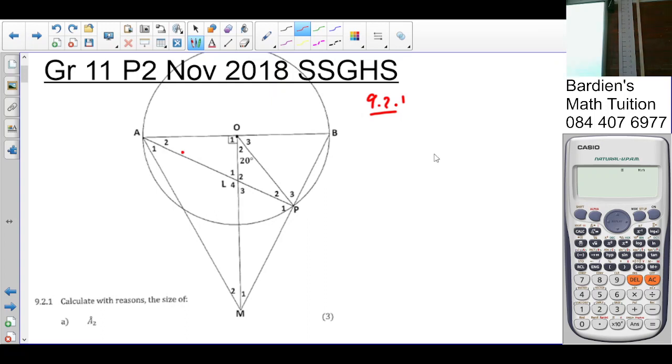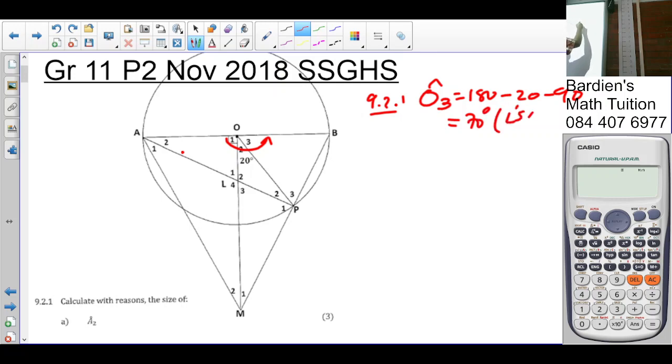But we already indicated that double A2 is O3, not so? And at this point I can actually calculate O3, so it's angles on a straight line. So angle O3 is 180 minus 20 minus 90. This is 70 degrees. Why? Angles on a straight line. Alright, so that is 70.